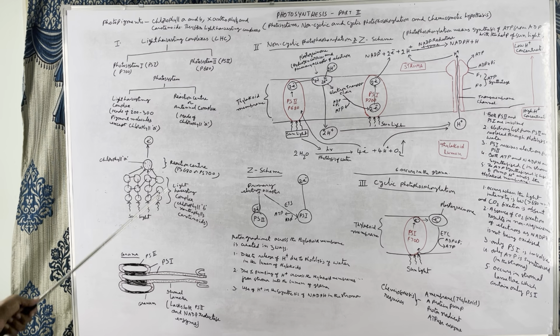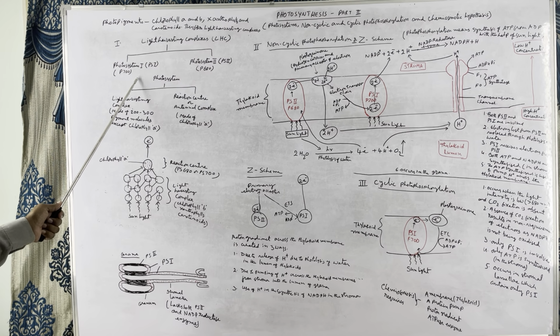That is, this part is excited only when the wavelength is at 700 nanometers. Whereas these thylakoids have both PS1 and PS2. This is PS1, this is PS2.